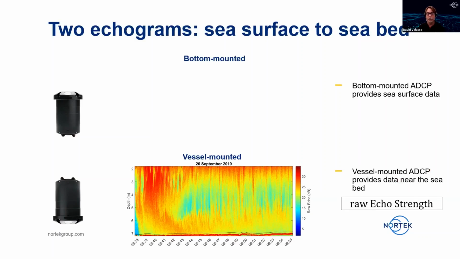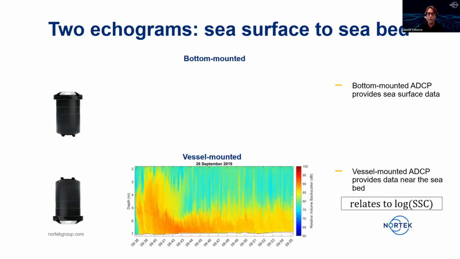So what we can do is take into account the transmission loss, absorption, and spreading that I mentioned earlier, and then we can get a different image, which is this one showing up on your screen right now, the direct output of our Signature VM review software. Here we still see the main features, but now more related to the log of the suspended sediment concentration. Although this is not suspended sediment concentration itself, because there hasn't been any calibration, we're much closer to reality now than before.